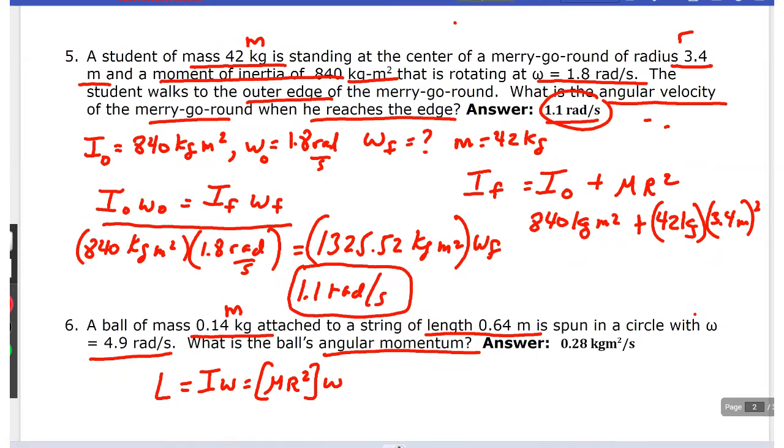She walks out to the edge, thereby increasing the moment of inertia of the merry-go-round, but the total angular momentum before equals the total angular momentum after. And no surprise, by walking out to the edge, she increases the moment of inertia of the merry-go-round, which decreases rotational velocity from 1.8 to 1.1.